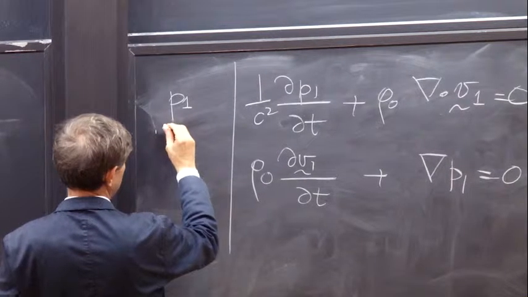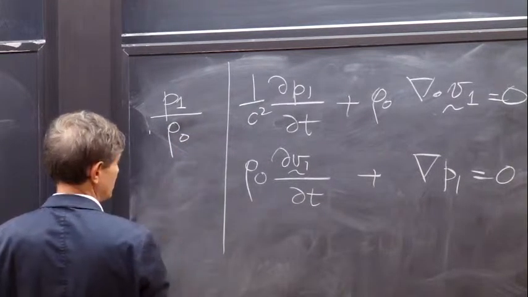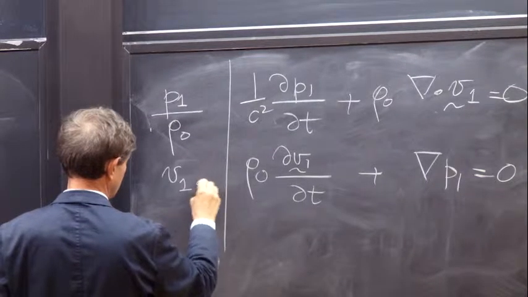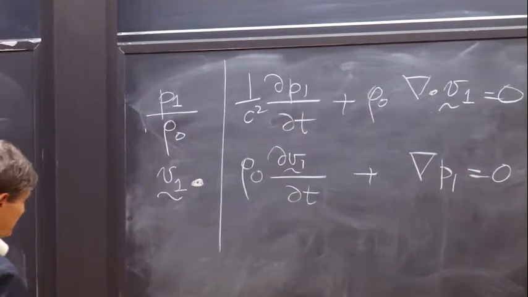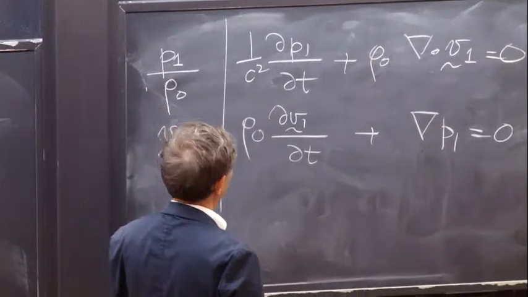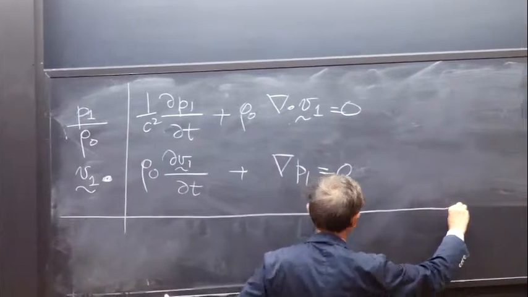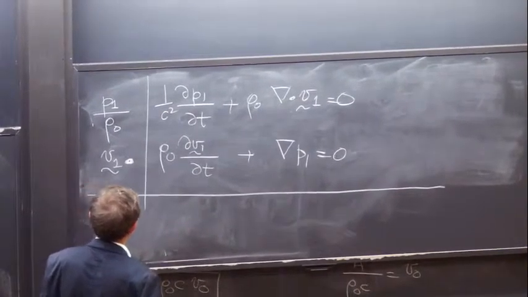and divide by rho 0. And we multiply this one in the scalar way by V1. So what happens here? We add these two equations. So what comes out?